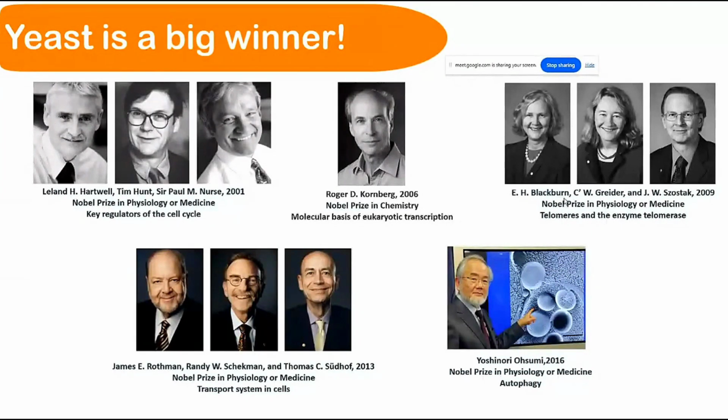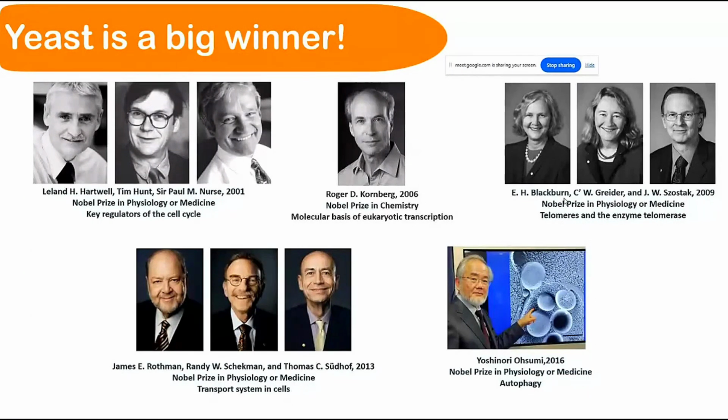And then recently in 2016, Ohsumi from Japan got a Nobel Prize in the field of physiology or medicine for looking into the aspect of autophagy. Autophagy means self-eating. And here he has seen Saccharomyces as a model organism which correlates with the finding of how human cells destroy themselves.